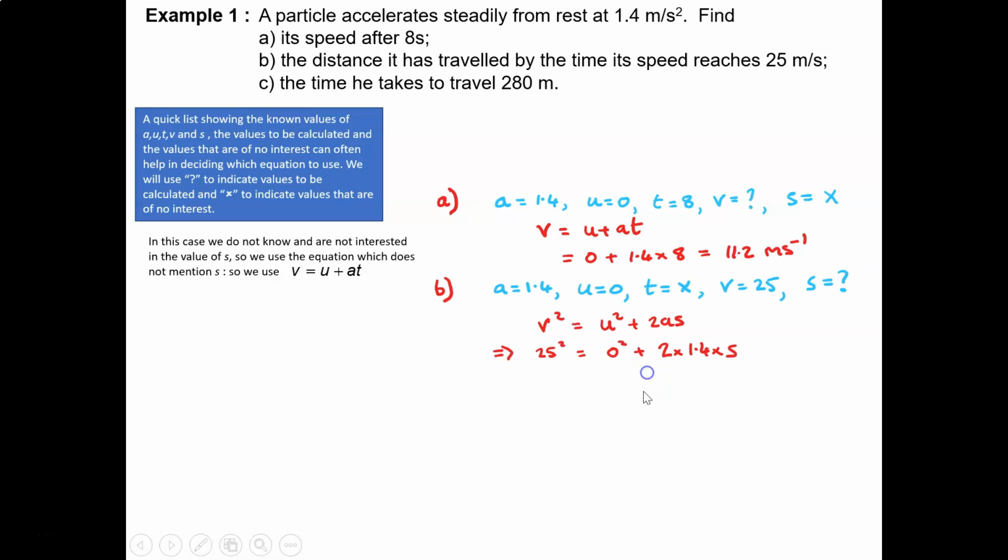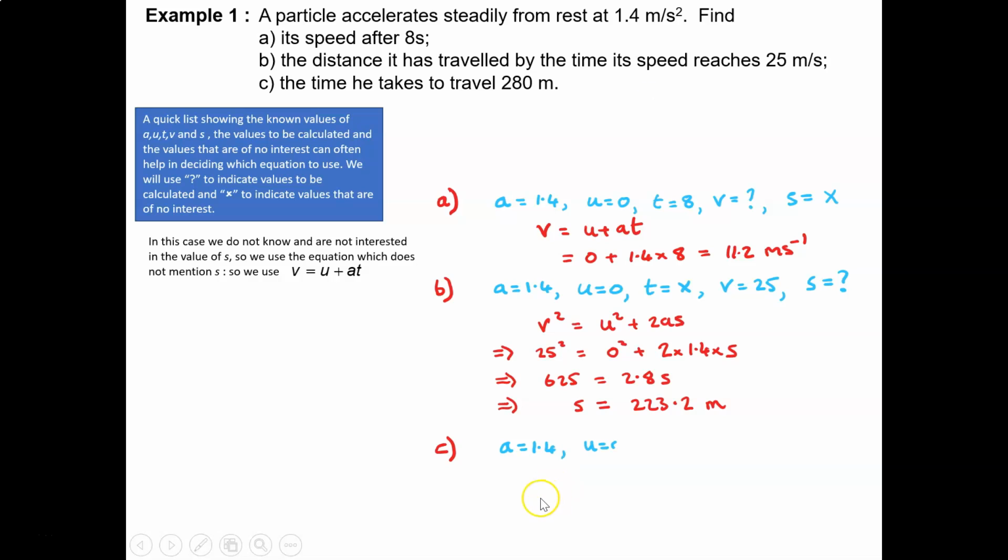So putting values in here, we get 25 squared is equal to 0 squared plus 2 times 1.4 times the S we want to find. So 625 is equal to 2.8 S, divided by 2.8, and we get S is equal to 223.2 meters.